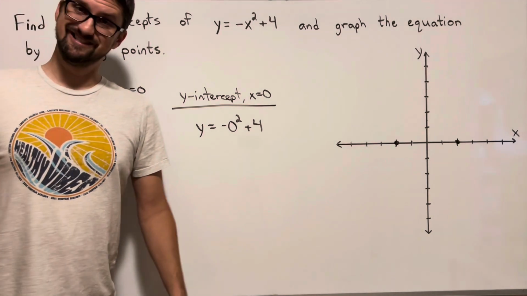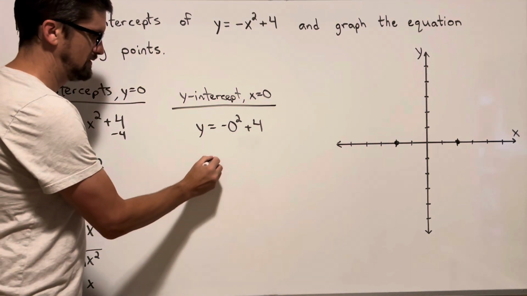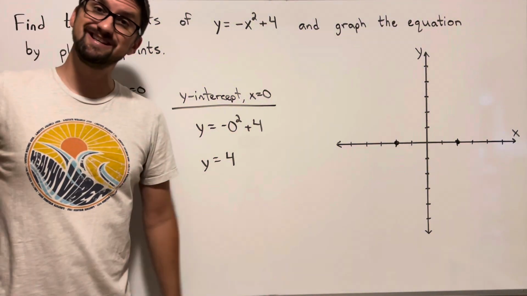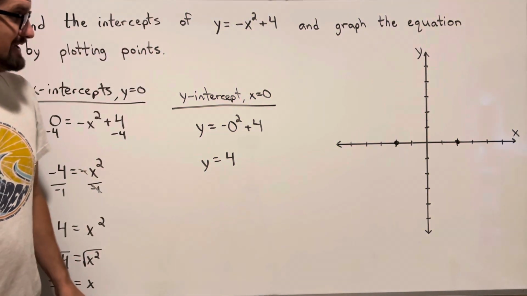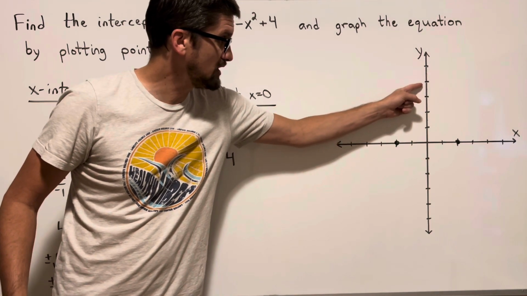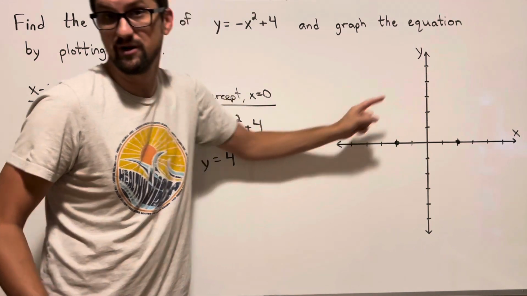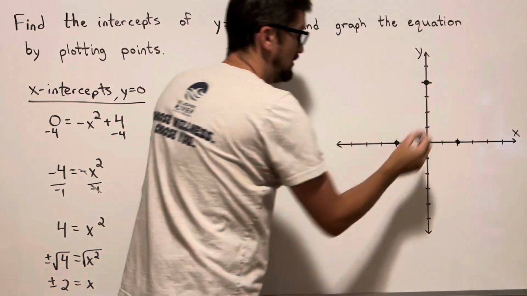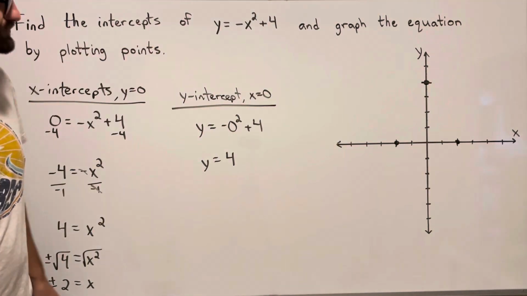Negative 0 squared is 0, so that just goes away. And you're left with 4. So it's going to cross the y-axis at 4. So you go up 4 units. It's going to cross the y-axis right there. We're going to put a dot at 4 on the y-axis.